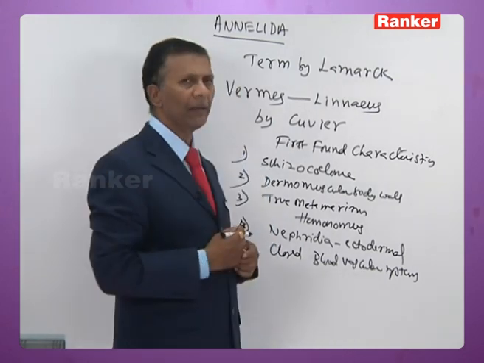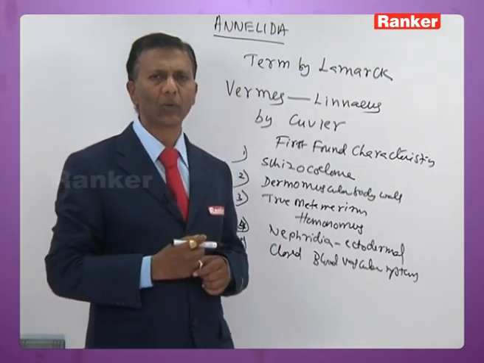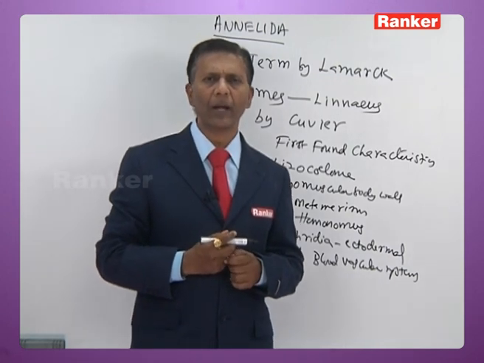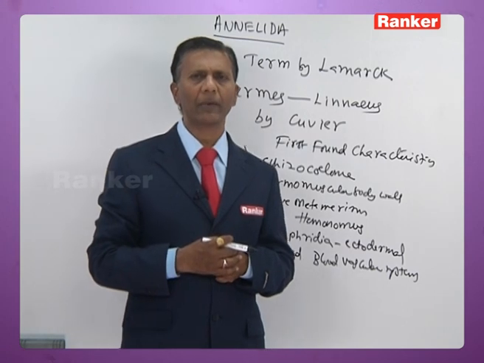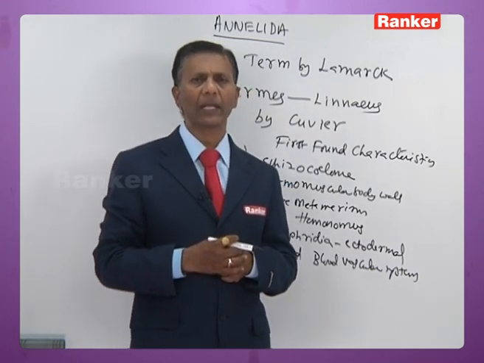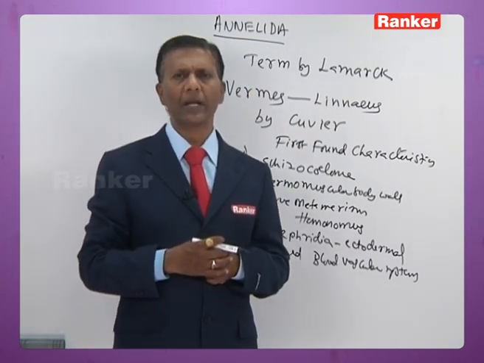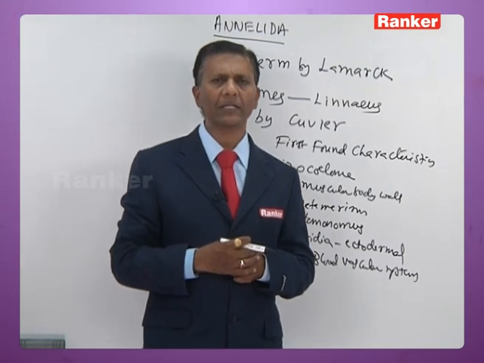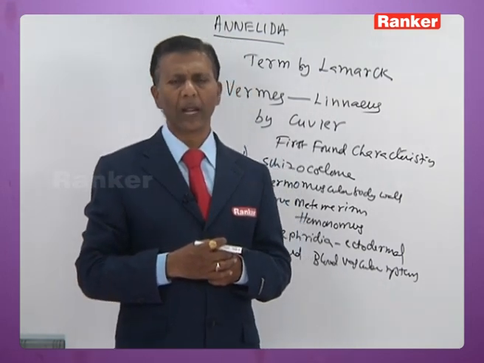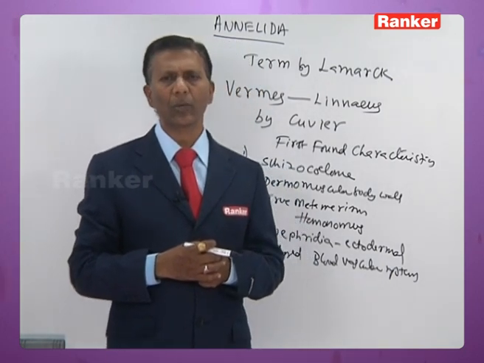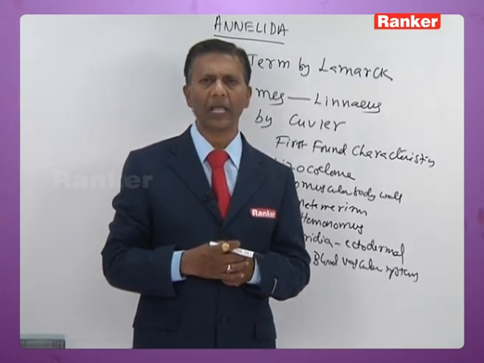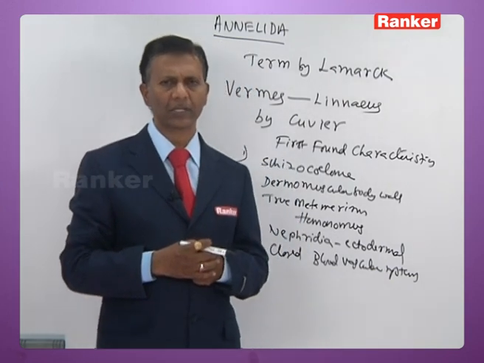Then for the first time, a well-developed nervous system is also noticed. They have a solid double ventral nerve cord along the midventral side. Suprapharyngeal ganglions are embedded in the groove of buccal cavity and pharynx. They correspond to brain, hence they are also called cerebral ganglions. They are connected to subpharyngeal ganglions by circumpharyngeal connectives.